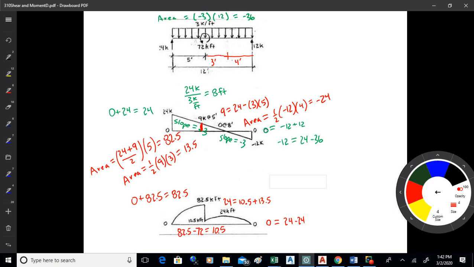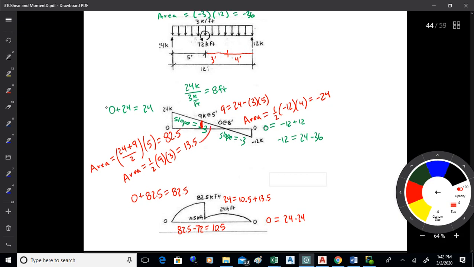Yeah, 82 and a half. That's the area of the trapezoid on the left. Then I've got a triangle, 1/2 times 9 over 3, 13 and a half for the triangle. So there we go. And then I've got an area on the right of negative 24, right there. Okay. So those are my areas.